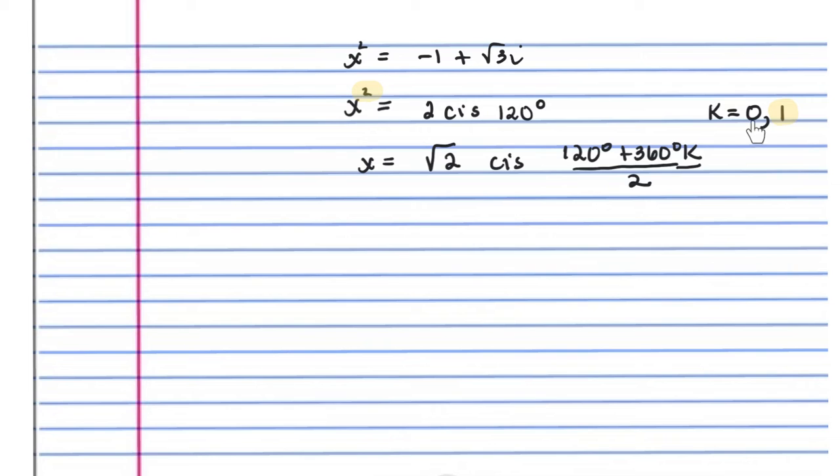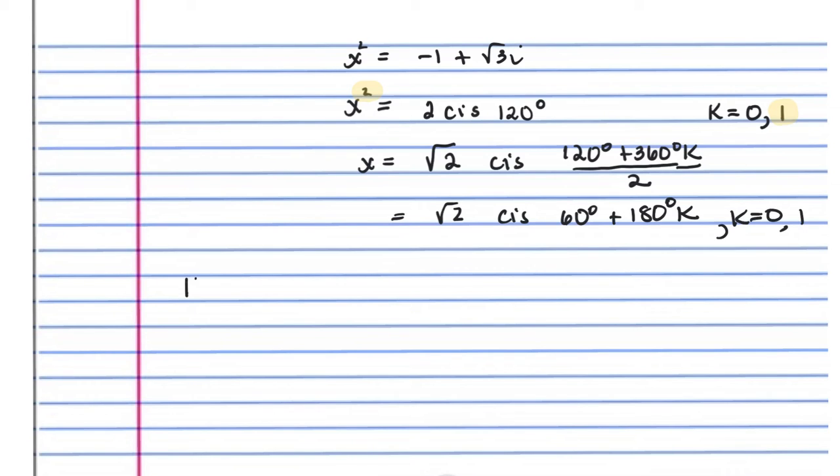All right, so that's going to give us our 2 roots. And then if we simplify, we get root 2 cis 60 degrees plus 180 degrees times k, where k is going to equal 0 and 1.